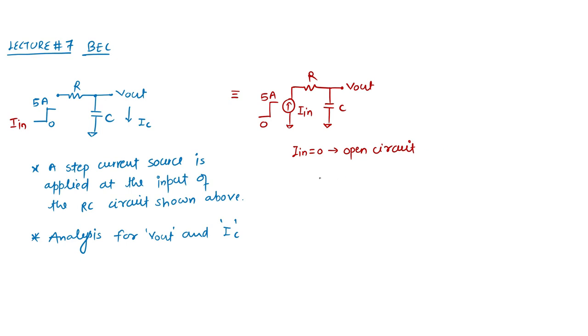Open circuit, no current is there, so I expect that VC(0-) is 0 volt, because the circuit was open for a long time and I'm considering that there is no initial charge.